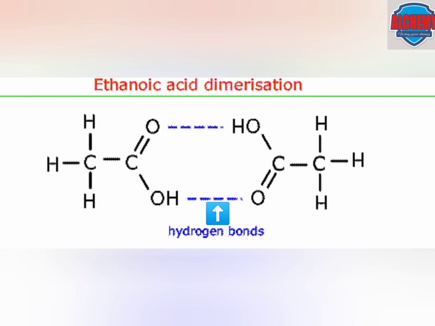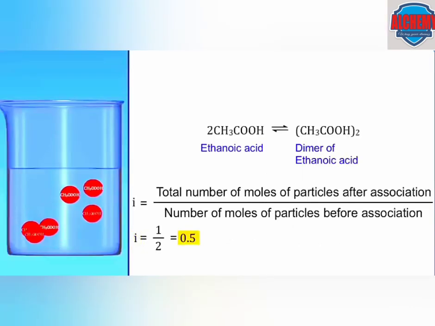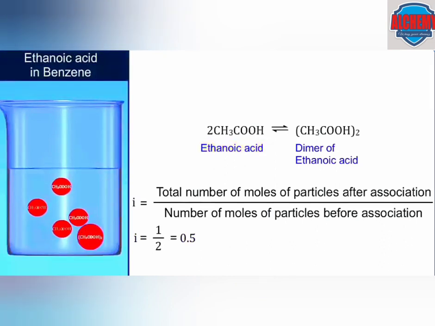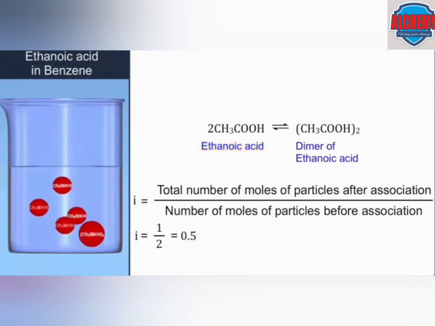This combination of ethanoic acid is called dimerization of ethanoic acid when dissolved in benzene. In the case of dimerization of ethanoic acid in benzene, the number of moles of particles after association is 1 and the number of moles of particles before association is 2. So, the Van Hoff factor i is given by 1 divided by 2 and that is equal to 0.5.